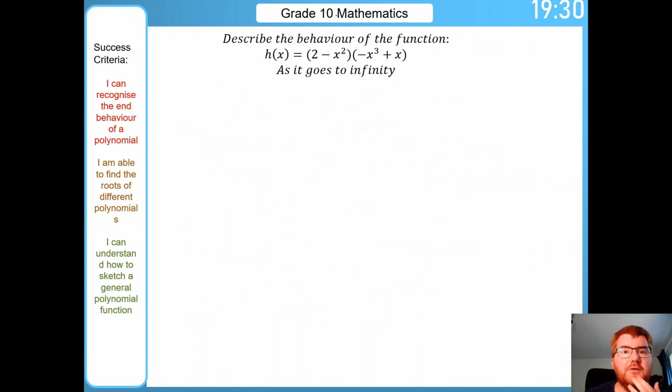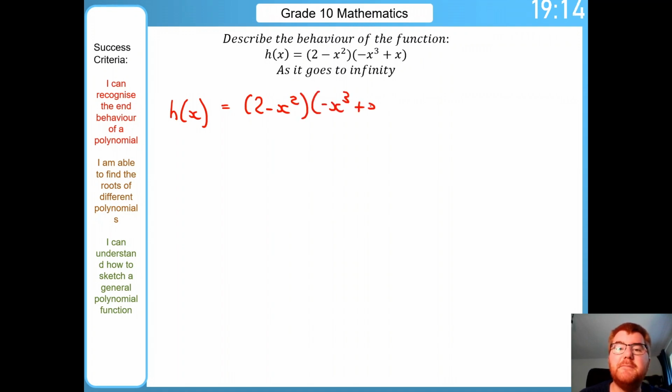Now, if I want to talk about the behavior of a random function as it goes to infinity, let's do an example together here. Notice it's in a kind of factorized form. So the way to find the behavior is to actually expand our brackets first. So remember our FOIL method for expanding: first, outside, inside, last. So this times this, this times this, this times this, this times this.